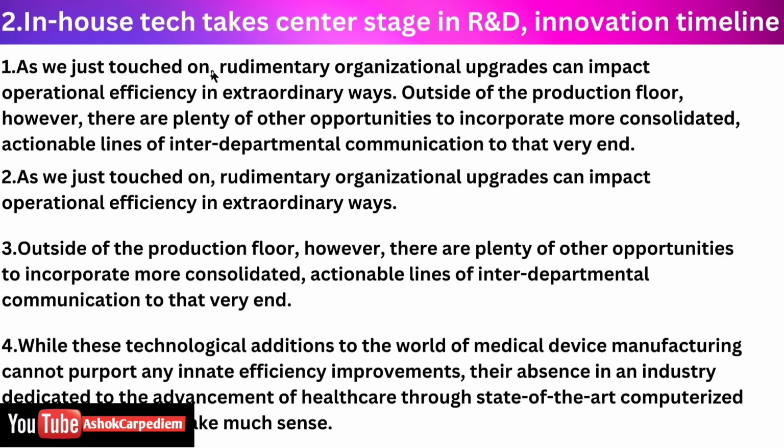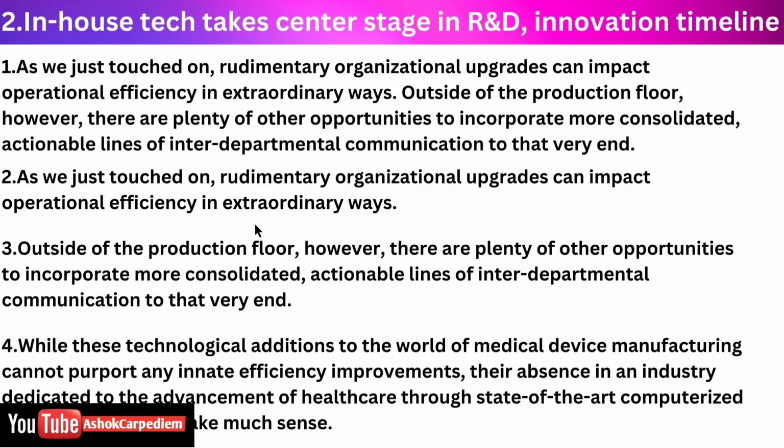The second one is in-house tech takes center stage in R&D, innovate the timeline. There will be an R&D team in all plants, doing research and development for each process, device or product they make. That R&D team should be very, very strong.